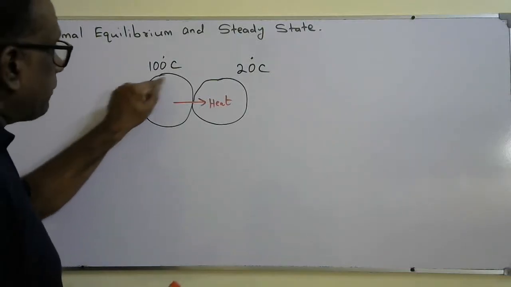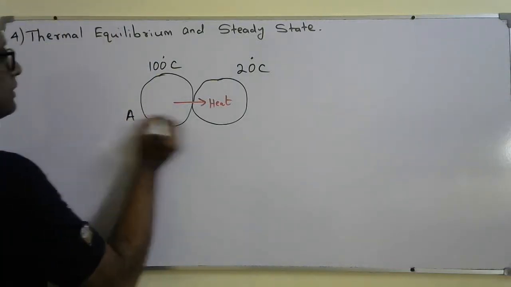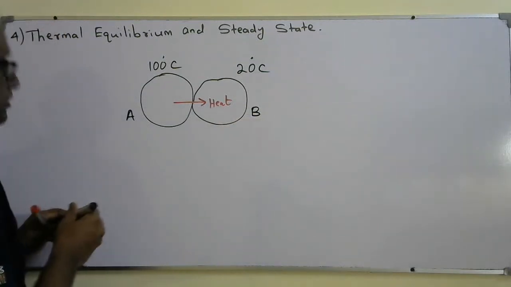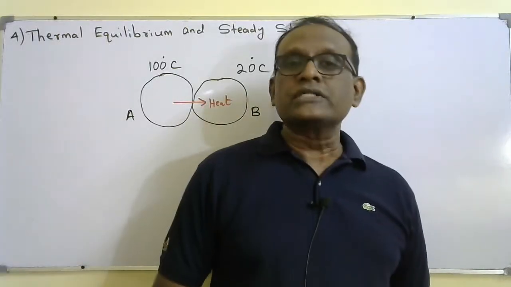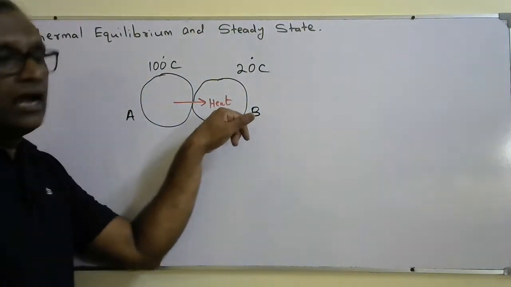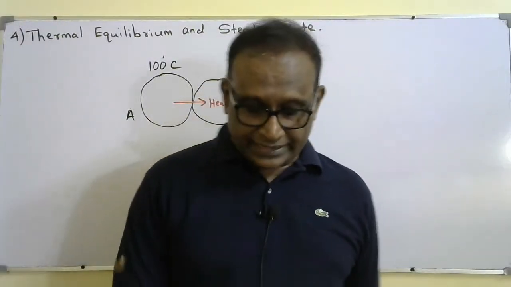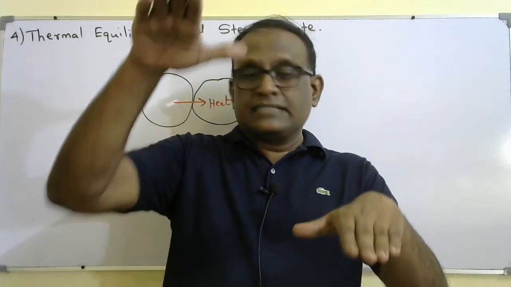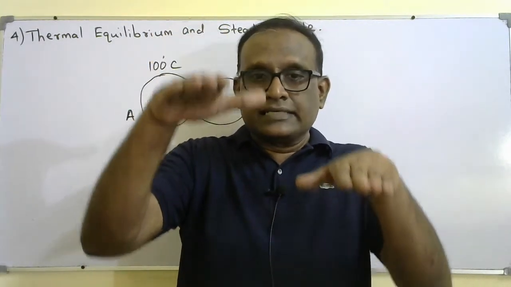If I call them object A and object B, the temperature of object A will decrease, as its particles lose average kinetic energy. The particles in B are gaining heat, so their average kinetic energy and temperature will increase. This one is losing, this one is gaining.